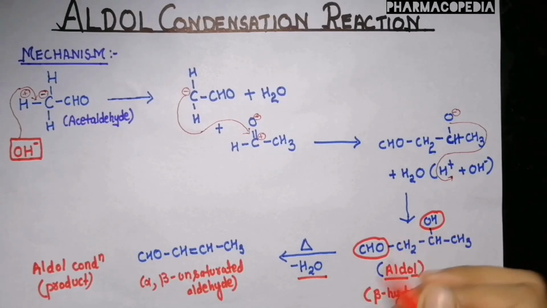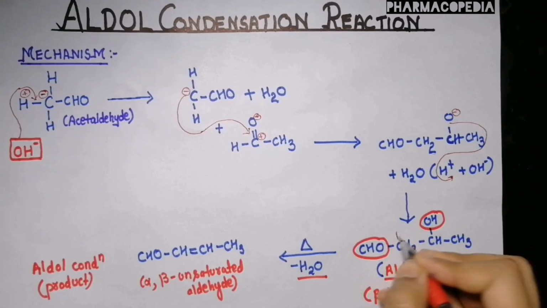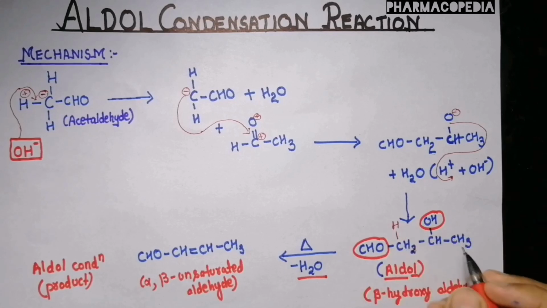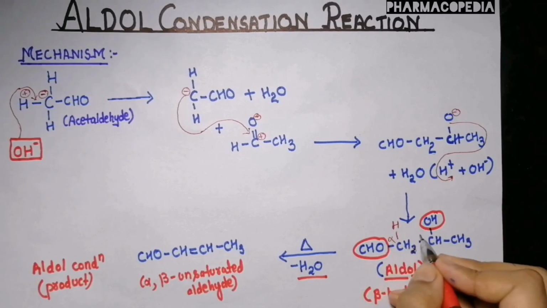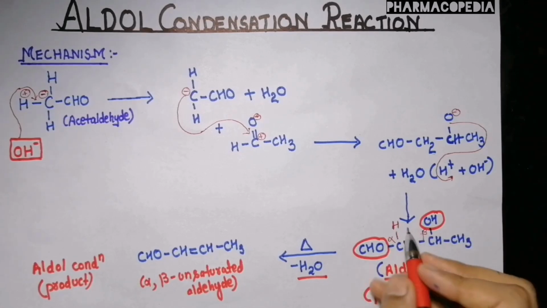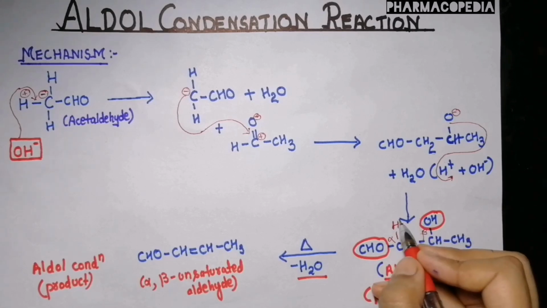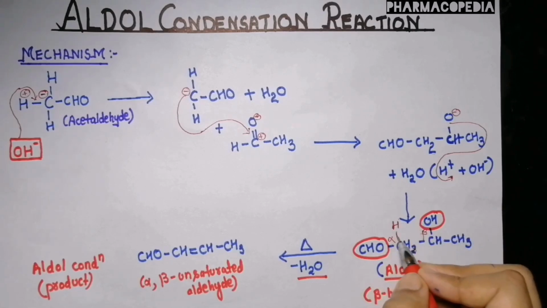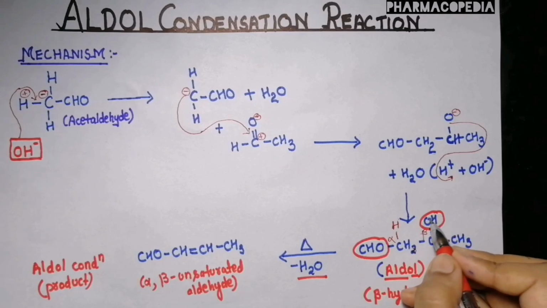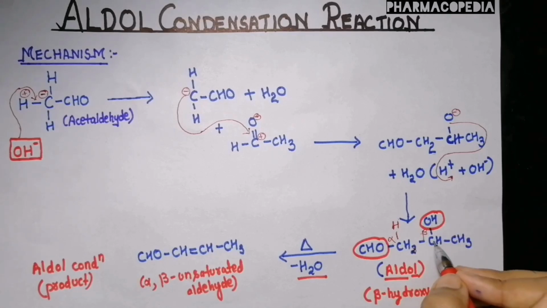Remember, we are taking one H here, so this is the alpha carbon and this one is the beta carbon. The hydrogen, the H plus ion, will be released from the alpha carbon and the OH minus will be released from the beta carbon.